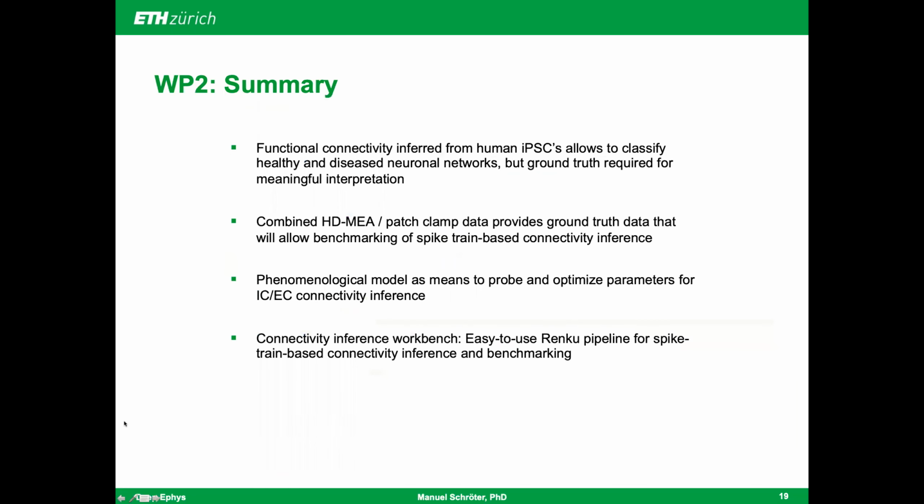Okay, to summarize, in the study by Tim, we showed that functional connectivity inferred from human iPSC derived neurons allows to robustly classify healthy and diseased neuronal networks. And then in the last few slides, the project by Christian, I showed you some preliminary results from a modeling approach to test spike train inferred functional connectivity, and our attempt to establish ground truth that will allow to benchmark different connectivity inference methods.